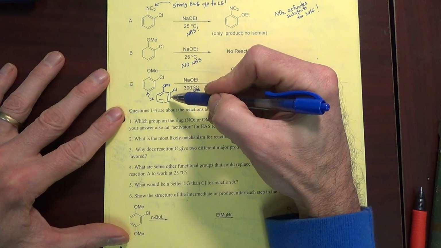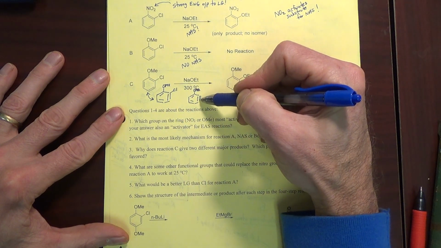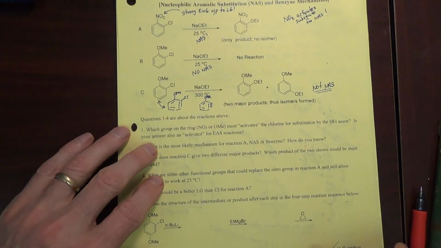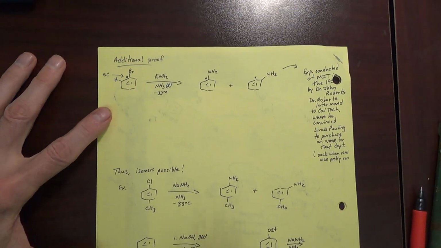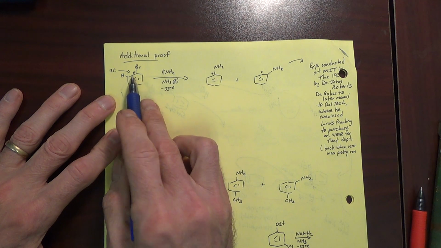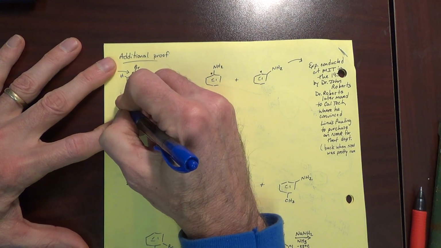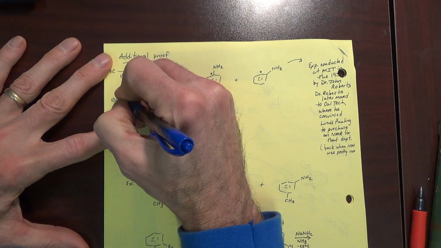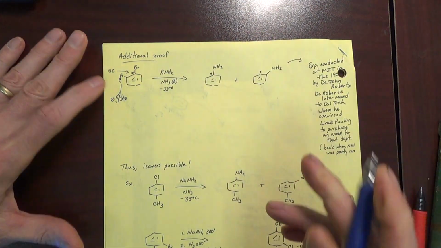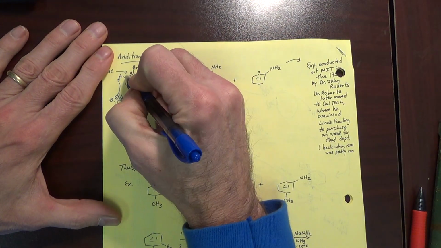I redrew it so I could have the pi bond here, so I could then make the triple bond here. In this case, I'm going to use the H over here because the pi bond would be here. And we can have the NH2 minus nucleophile taking the H. Now some will show the mechanism like this.